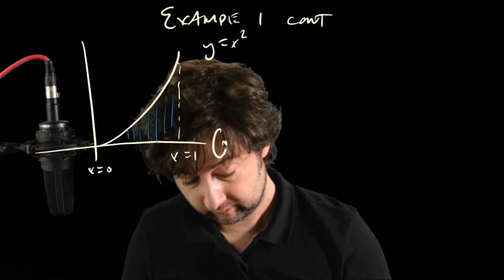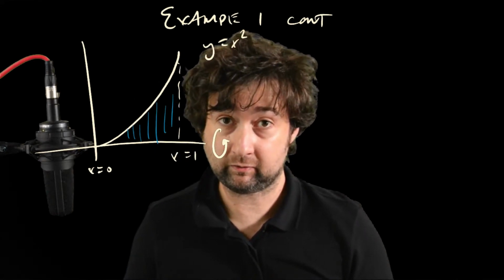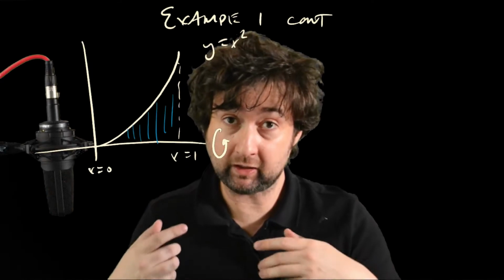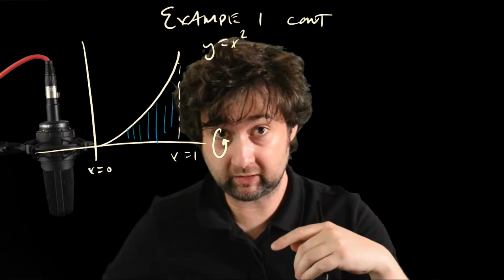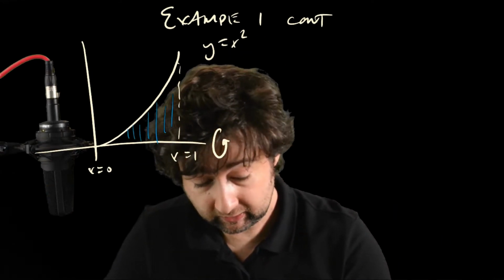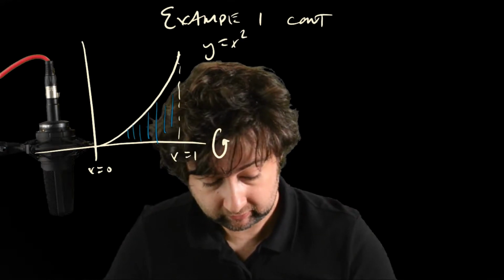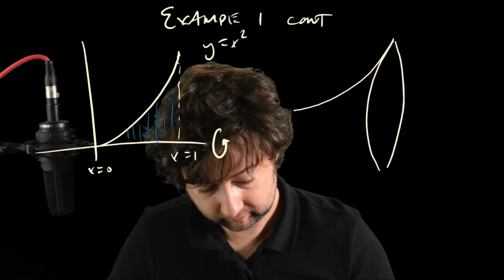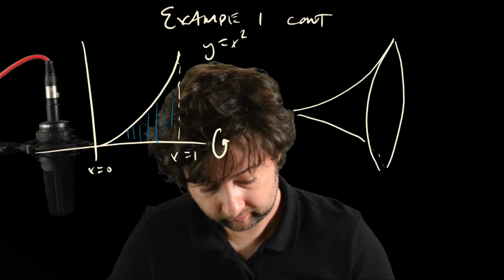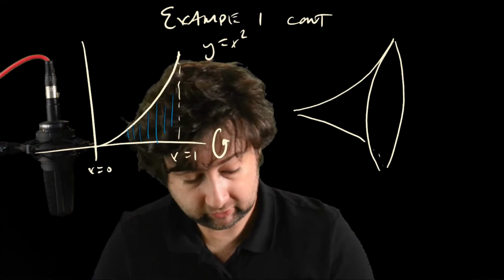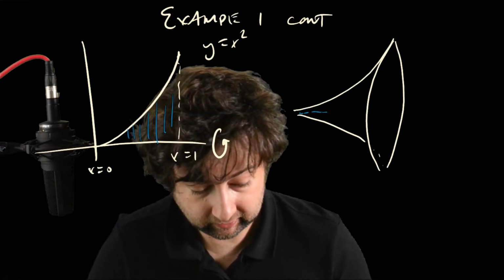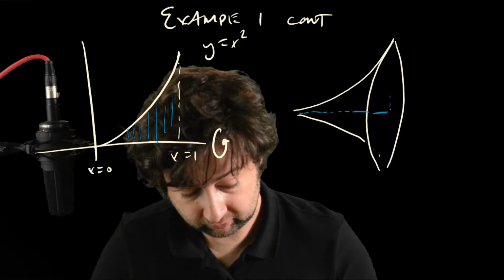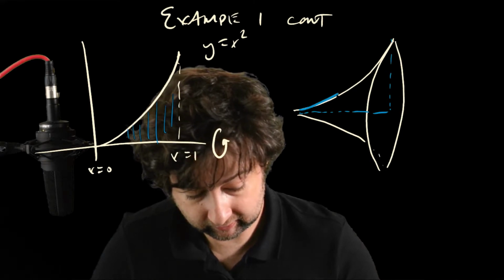That's going to give us an idea of what the shape should look like. The middle of spinning this thing around is going to be the x-axis, so the shape you get out the other side is going to look something like a curved horn like this, where the original region would look something like this inside here.